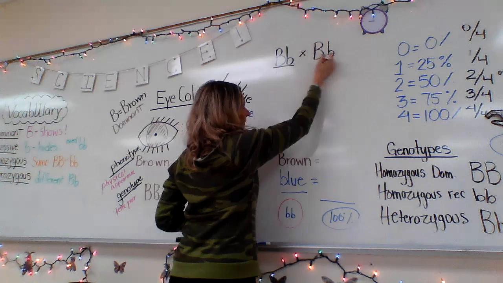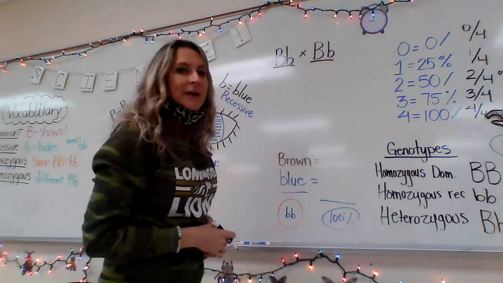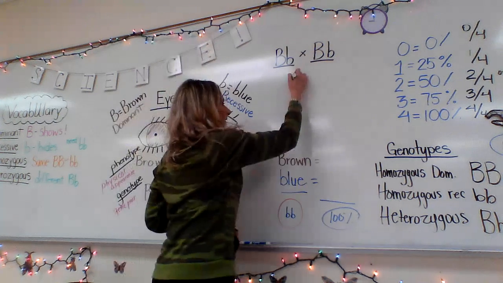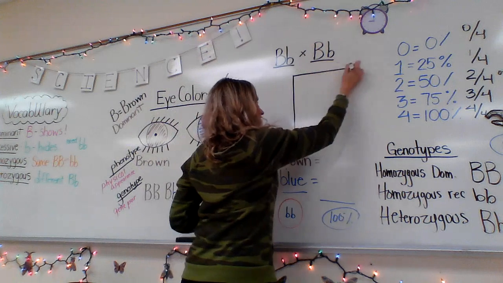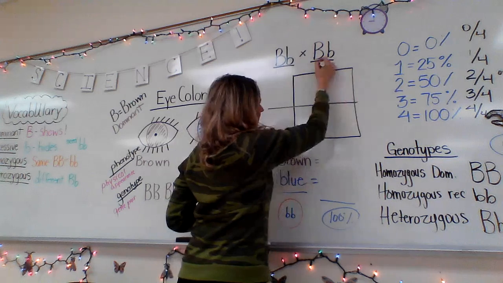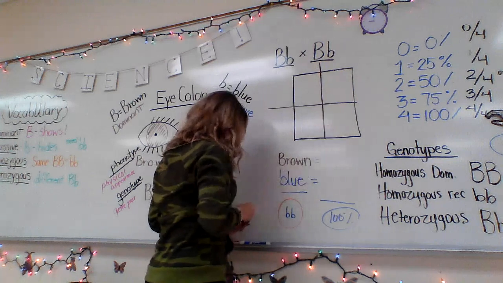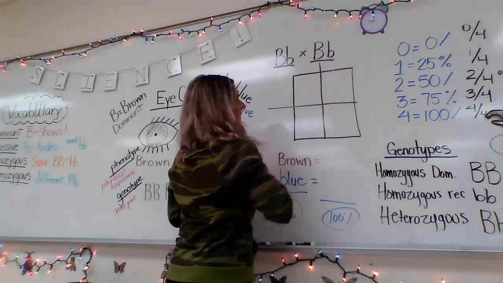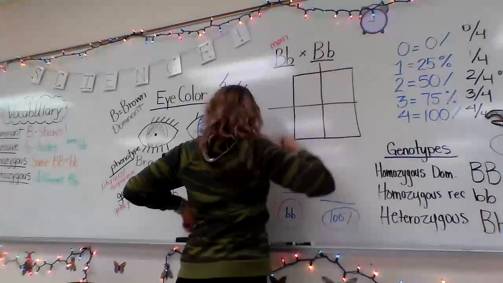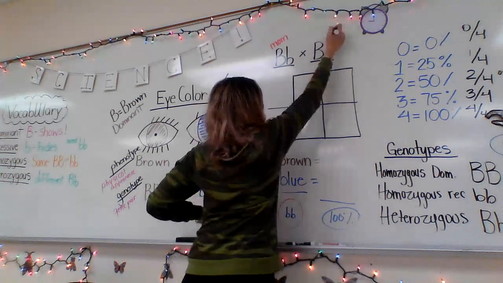Big B, little b, and big B, little b. Both parents have what color eyes? Brown. I want to know all the percentages for all my Punnett square. It doesn't matter where you put each parent, but I'm going to label this one mom just to keep me organized. Dad.